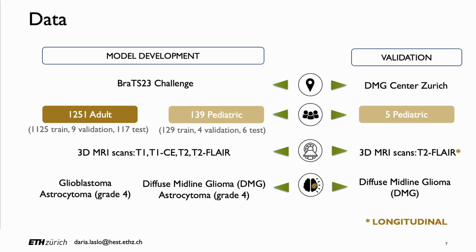So we had the MRI scans nicely showing the progression. Well, the progression of the tumor is not nice, but you could really see how the tumor would grow, and we could compare that to what our model predicted. Also, one important part is that we only had one MRI contrast available, just the T2 FLAIR.